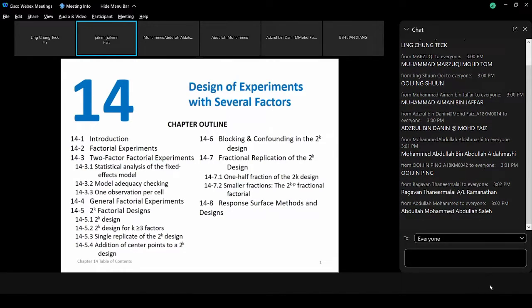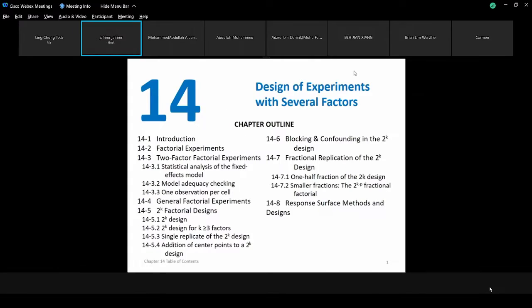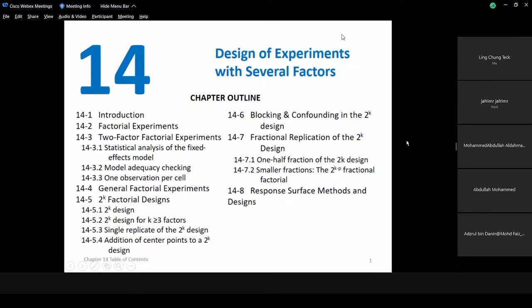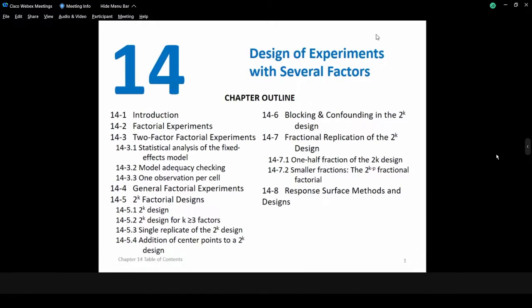So today we will discuss hopefully sections 14-1. Let me put in a marker so you can follow my presentation or my lecture, otherwise in the virtual world it is very difficult to follow.